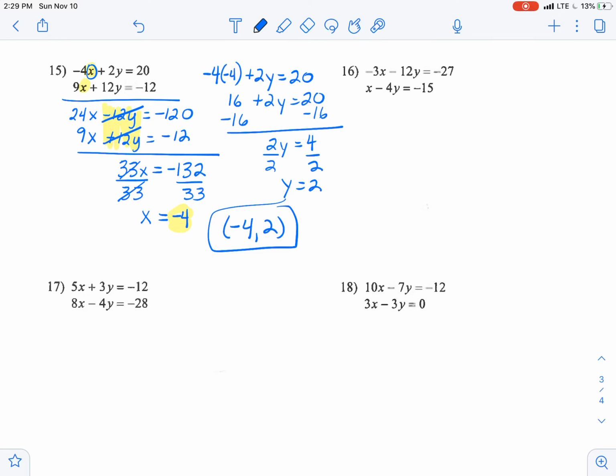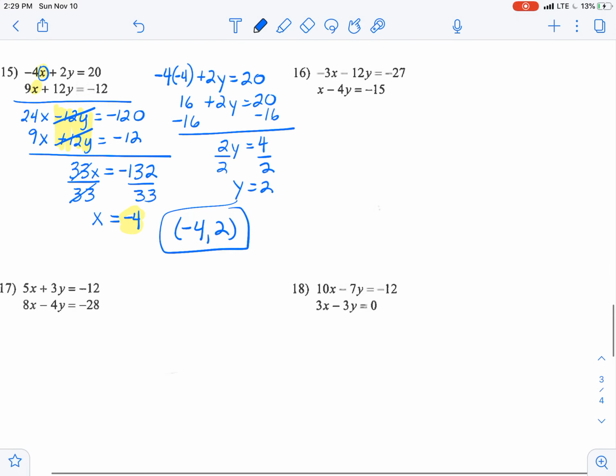Okay, so we're going to do the same thing to number 16. I want you to take a look at your x's. Are they the same? Take a look at your y's. Are they the same? If they're not the same, would it be easier to make the x's the same or the y's the same?